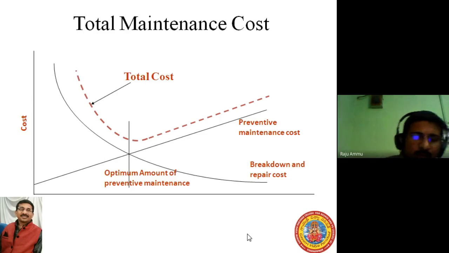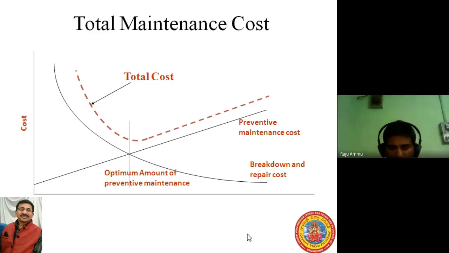Friends, generally there is an argument. There are two types of arguments actually: whether I follow breakdown maintenance or go for preventive maintenance. What do preventive maintenance and breakdown maintenance mean?